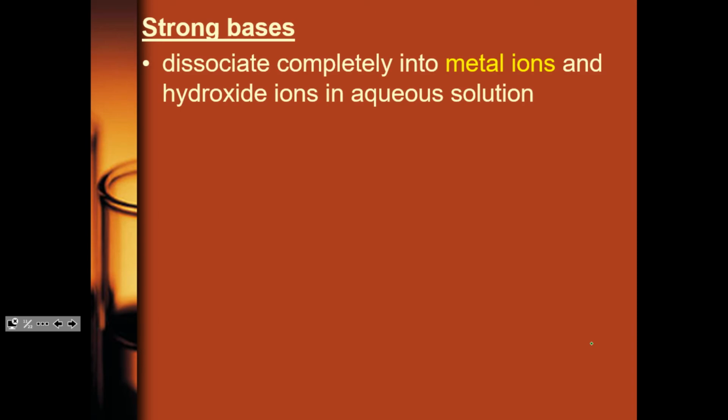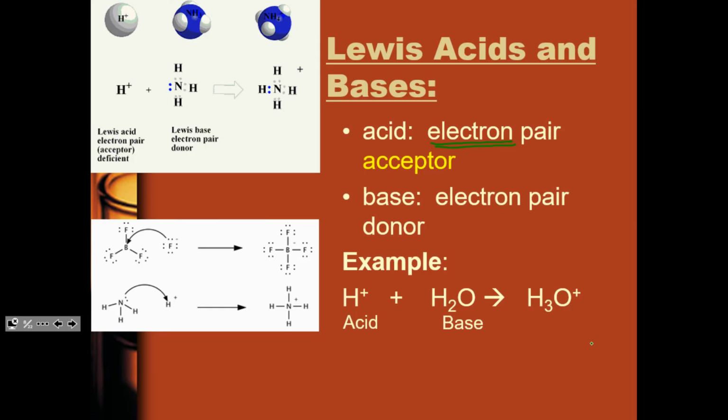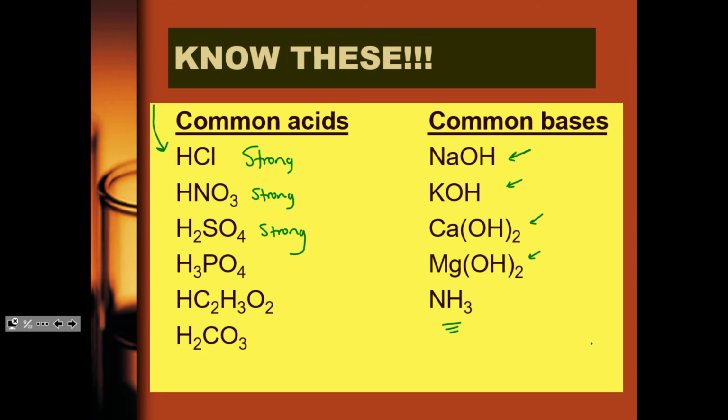Strong bases dissociate completely into metal ions and hydroxide ions in aqueous solution. Here are our strong bases: NaOH, KOH, and calcium hydroxide. So I'm going to go back and label those real quick. So these three were considered strong.